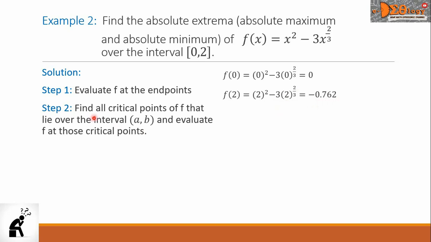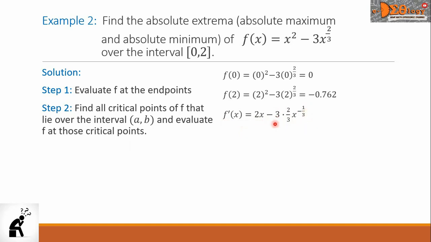Step 2. Find all critical points of f that lie over the interval a to b and evaluate f at those critical points. First, let us take the derivative. The f prime of x is equal to 2x minus 3 times the fraction 2 over 3 times x raised to negative 1 over 3.